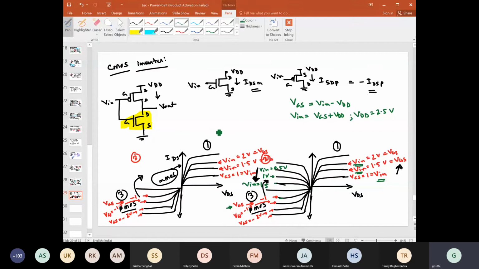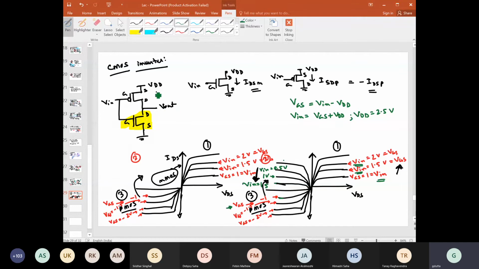And in the last example only, when we used this depletion mode, we have seen how to transfer this plot to this side, right? You have to just simply add VDD with this. Because here you can see this VDS is nothing but VDS is equal to V output. But here this drop is equal to VDD minus V output.